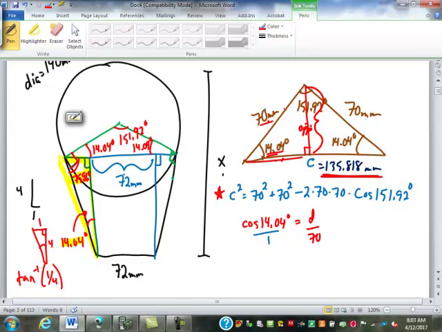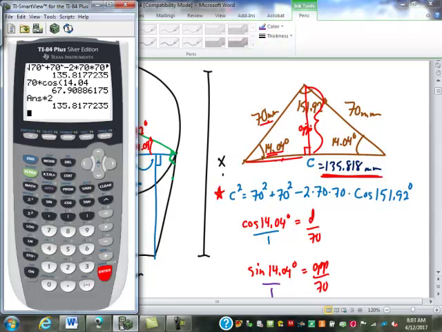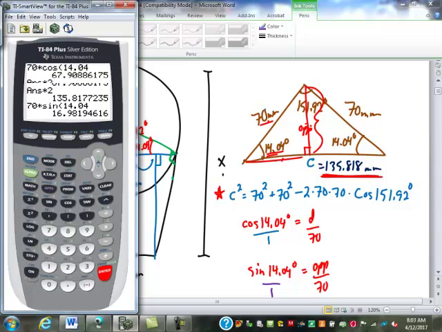I have the hypotenuse still, so that's going to be a sine of 14.04 degrees. I'm just going to leave it as opposite. That opposite side over my hypotenuse is 70. I'm going to cross multiply. So 70 times the sine of 14.04 is 16.982.